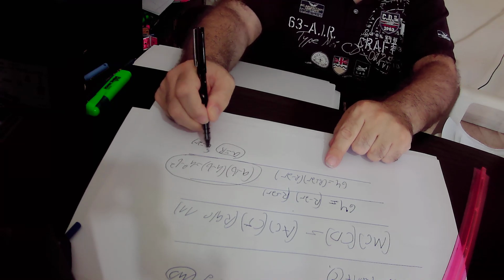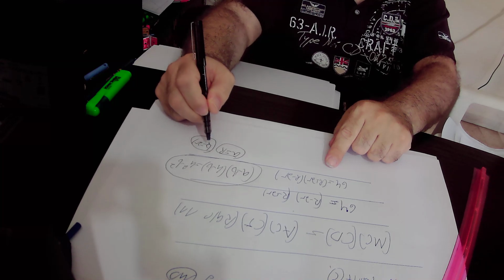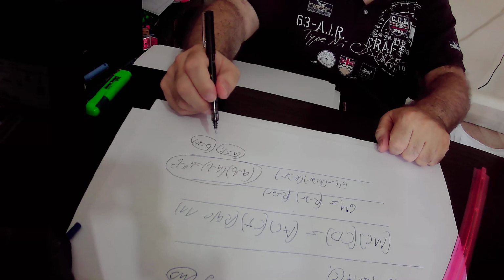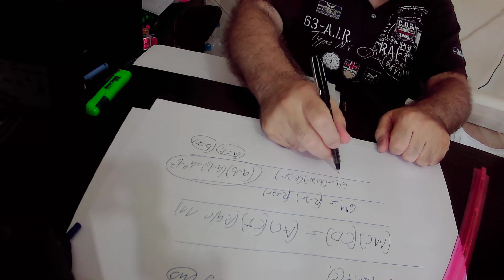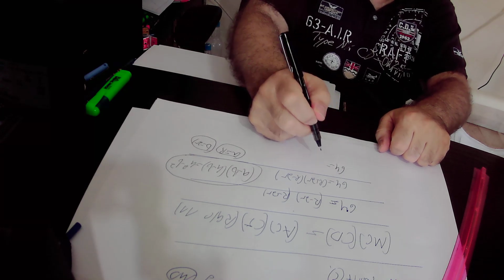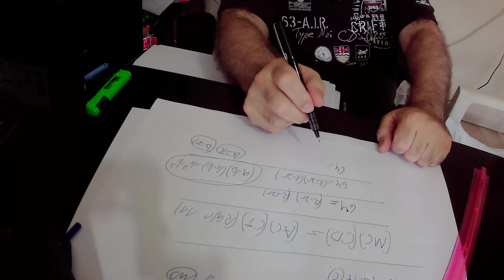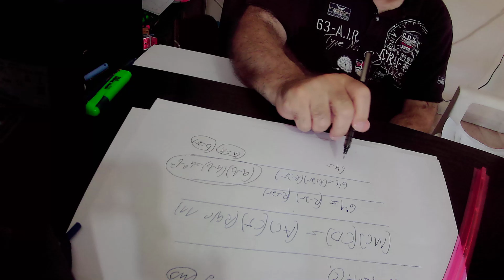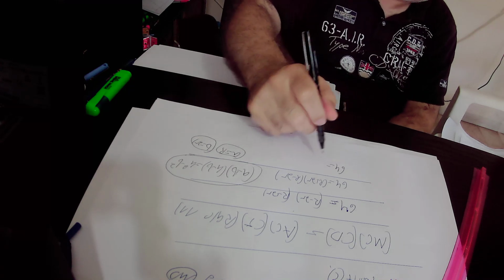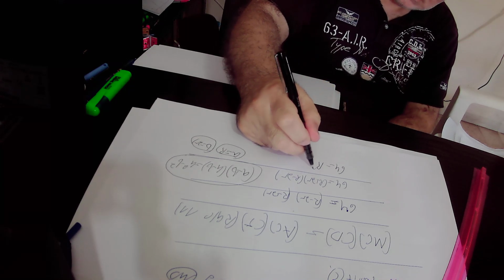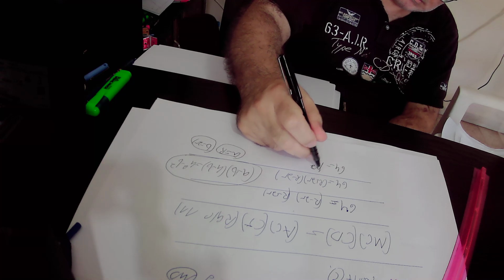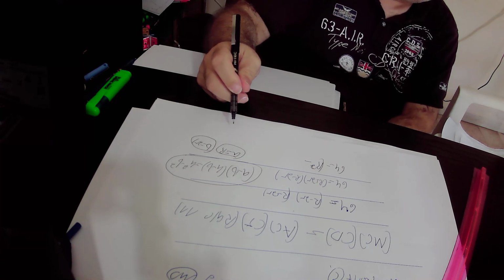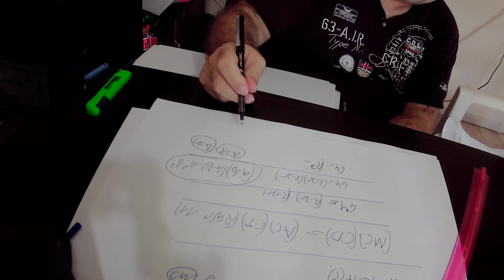And therefore, according to this identity, we get that 64 equals capital R plus 2R times capital R minus 2R will be equal to A squared. A is capital R, therefore A squared is capital R squared minus B squared. B is 2R, therefore minus B squared will be equal to minus 2R squared.